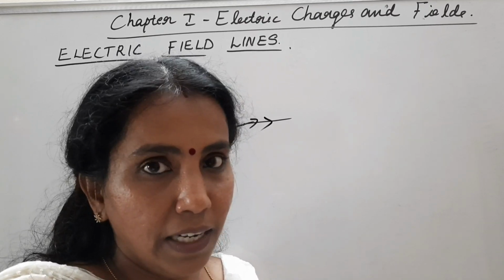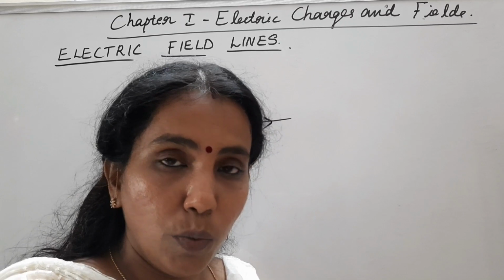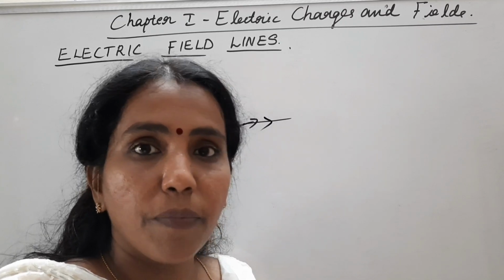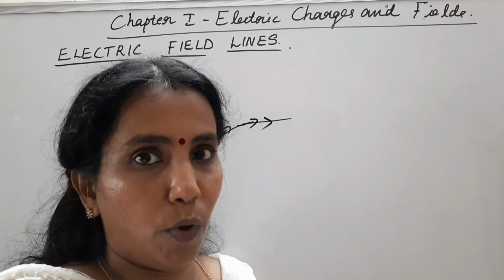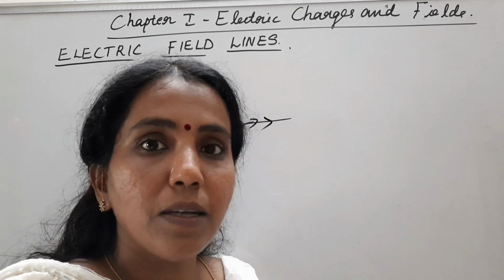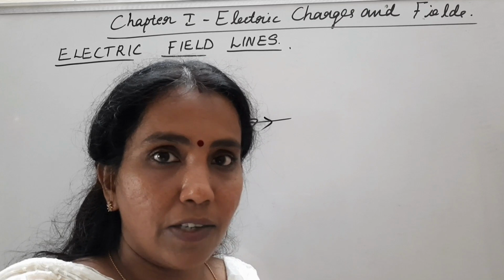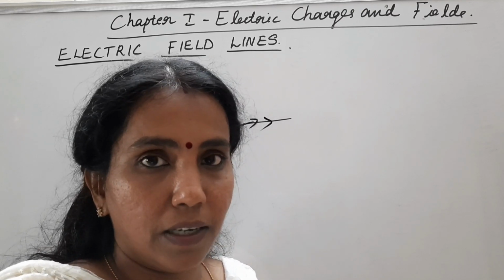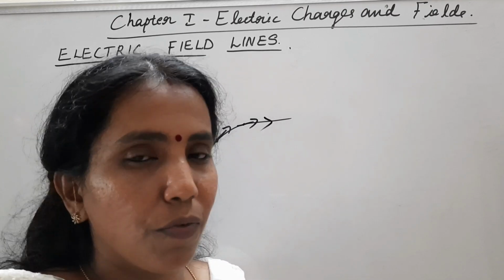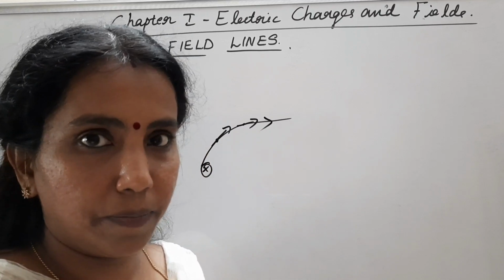One way, as I said, it is the curve, the tangent to which at any point gives the direction of electric field at that point. In the second way, it is the path followed by a small positive test charge kept in the electric field. So in both the ways we can define electric field line.